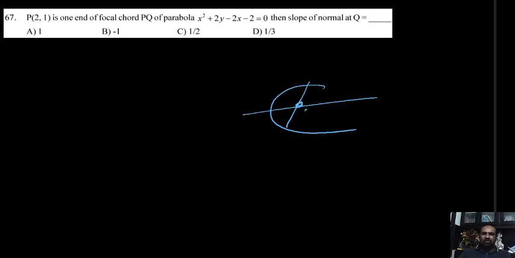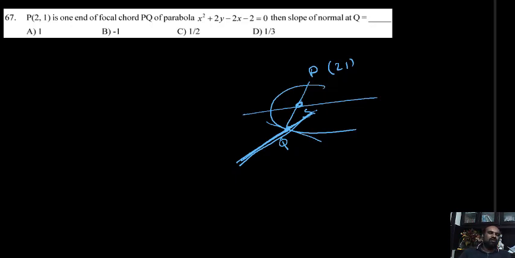The chord passing through the focus is called a focal chord. Point P is given as (2, 1), and the equation of the curve also is given. At the other end of the focal chord, we can draw a tangent and we can draw a normal also. We want to find the slope of the normal.